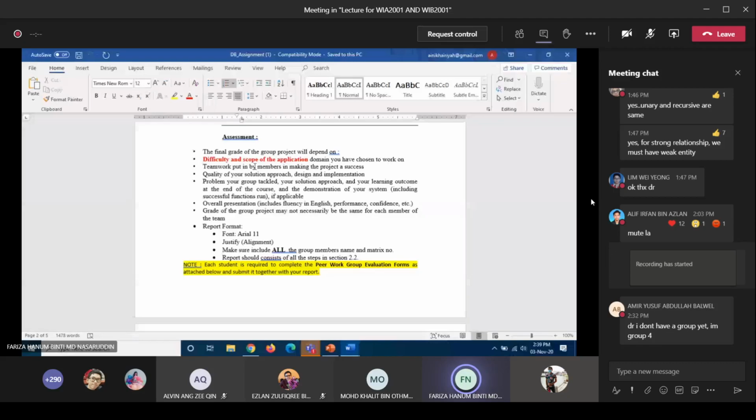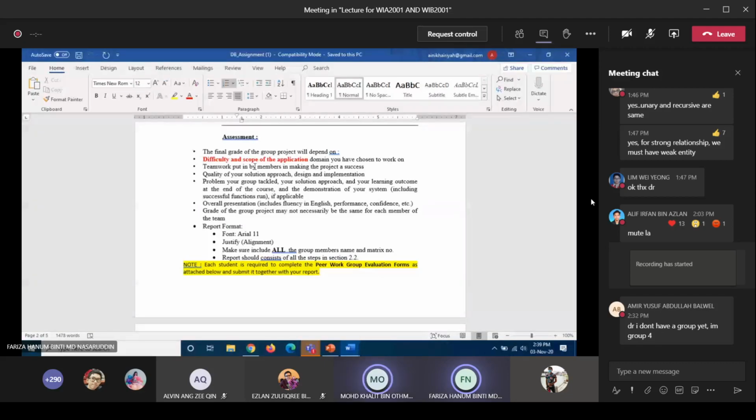Maybe you don't want to look into that, or maybe that's the one you want to look into. So again, look at the scope. At the end of the day, we expect your system to be around 8 to not more than 12 or 15 entities. But if you have less than 8, then it's too small. So think about that when you're choosing an organization to work with.